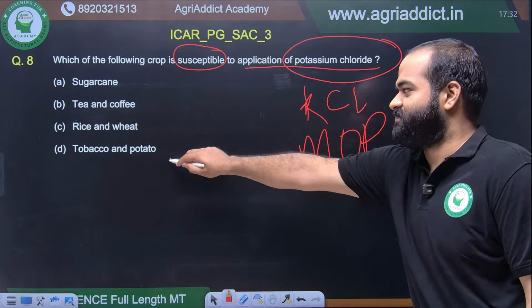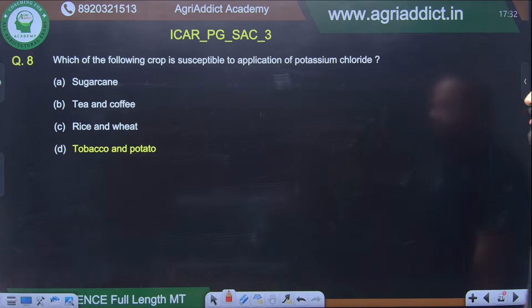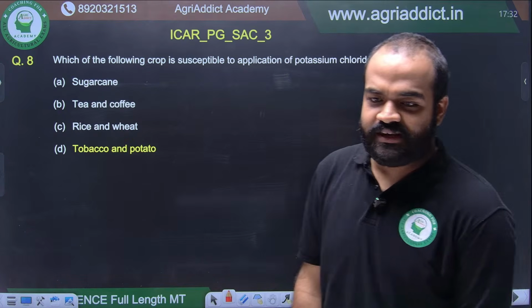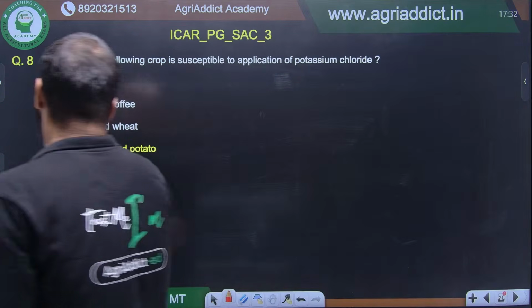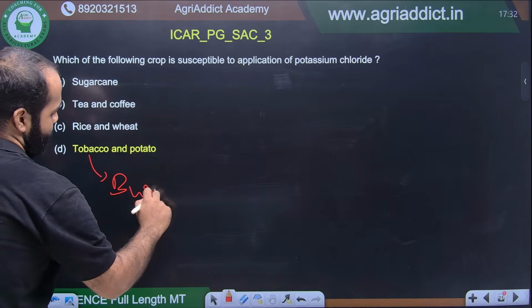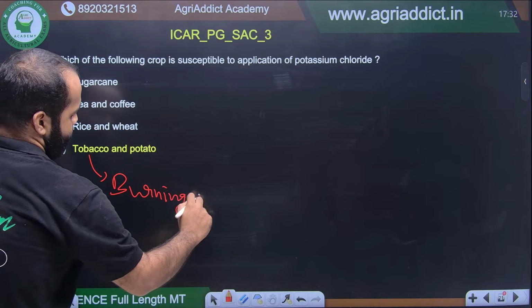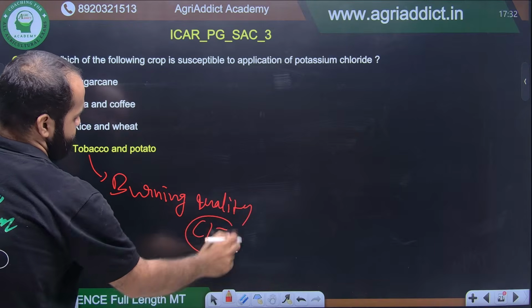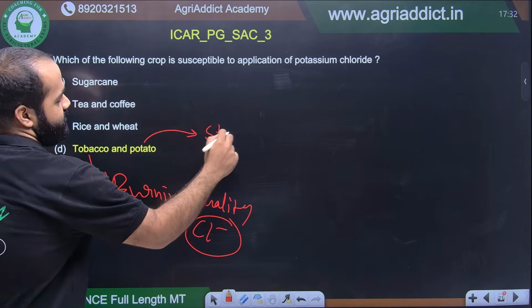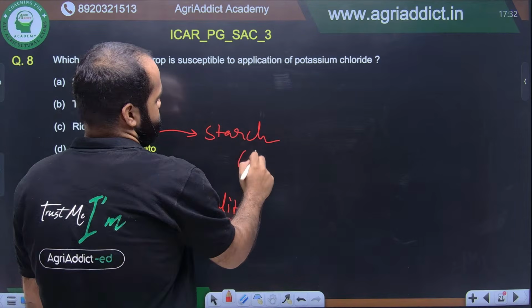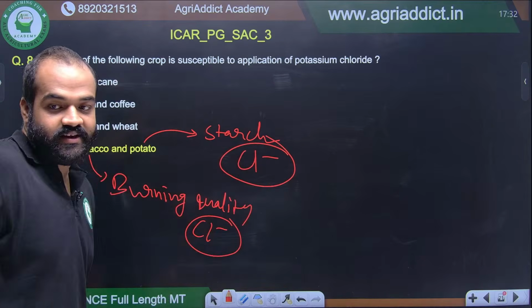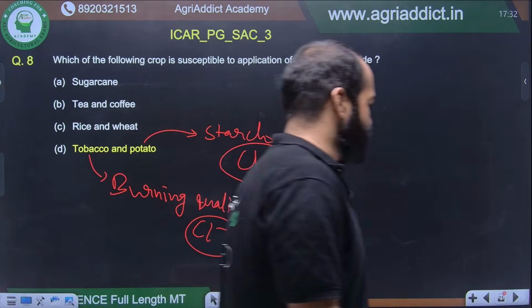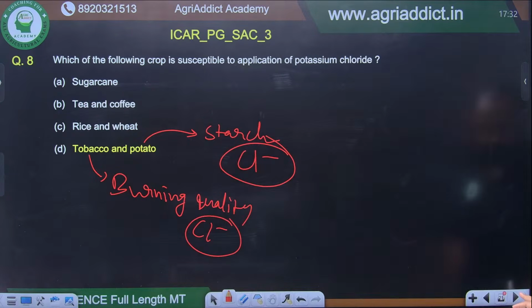Yes, option D. We all know this is option D. Ab ye option D kyon hai? I think all of you know, because tobacco ka jo burning quality hai, that burning quality gets deteriorated by Cl minus ions, and potato ka jo starch hai, it gets deteriorated by Cl minus ions. That is why you should apply SOP in potato and other tuber crops and tobacco. All right.